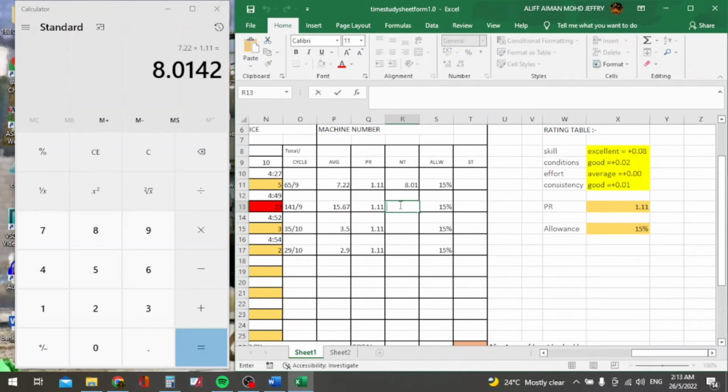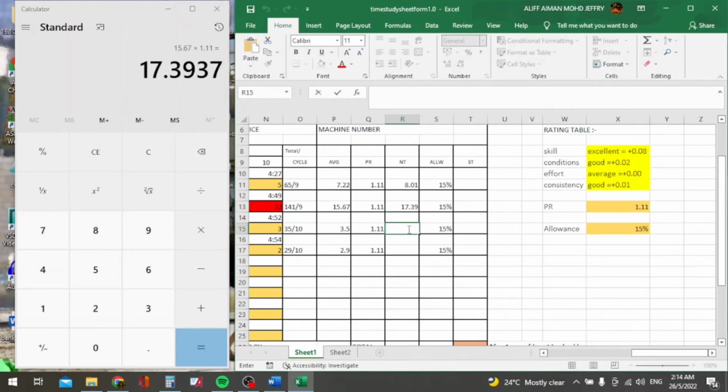For the second one, 15.67 multiplied by 1.11, we get 17.69.